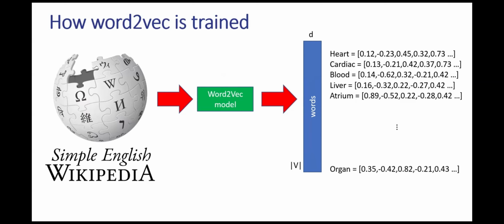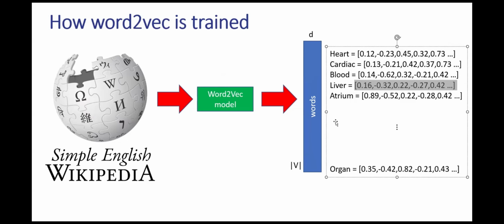And these vectors capture the semantic relationships between all of these different words. So we would train on the entirety of Wikipedia, and then based on that, we understand what the overall vector for heart is. Anytime we get heart in our document, we know what the vector for that will look like. Anytime in our document we have the word liver, we would reuse the same vector for liver.